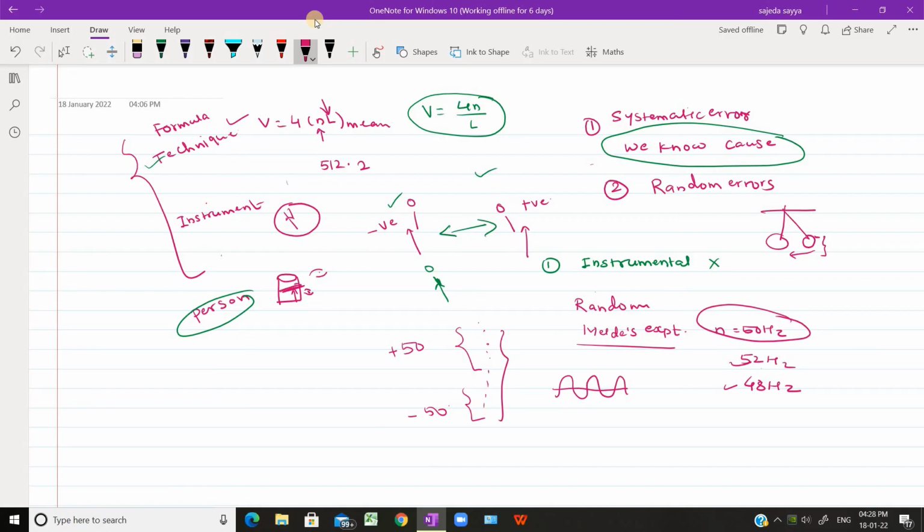Another error that can occur is this: you need to start counting the time period when the bob reaches an extreme, for some number of oscillations the bob has to perform.